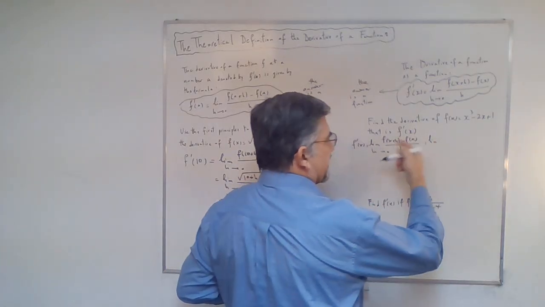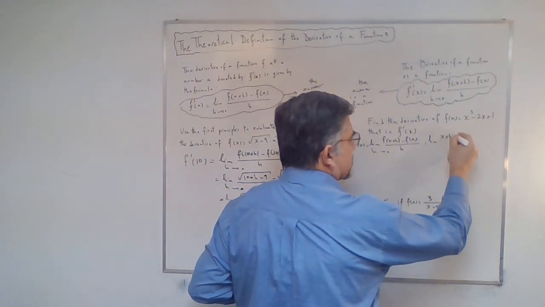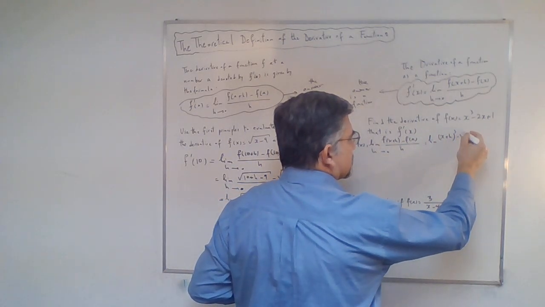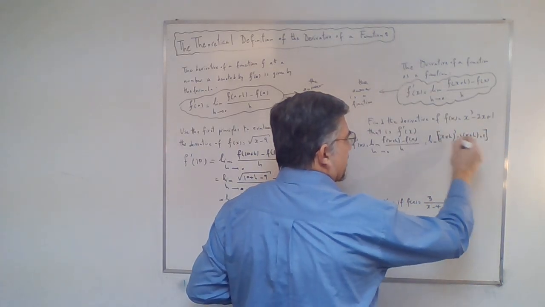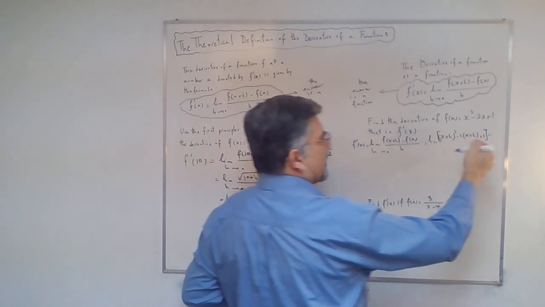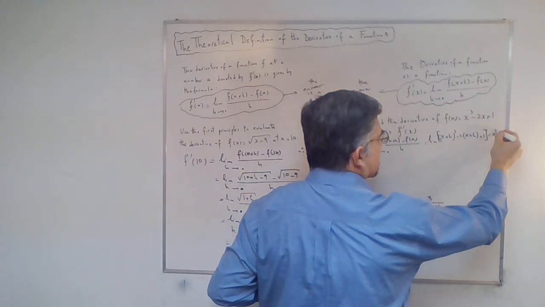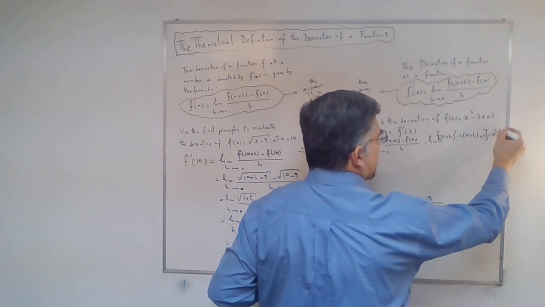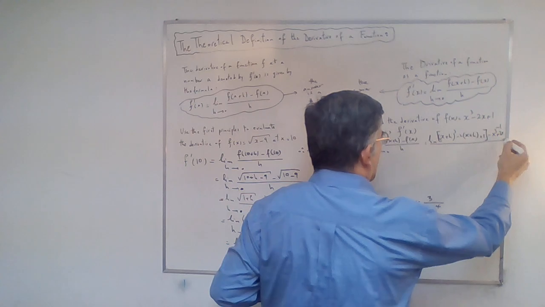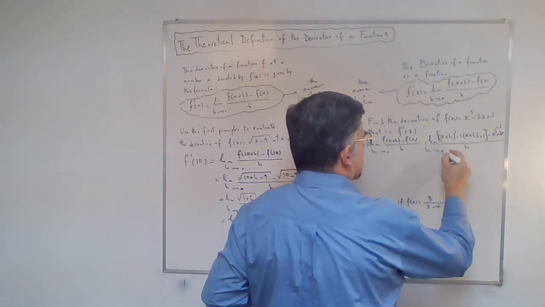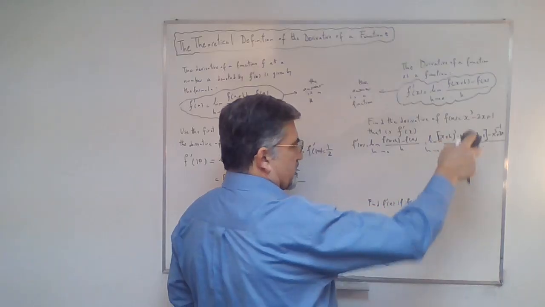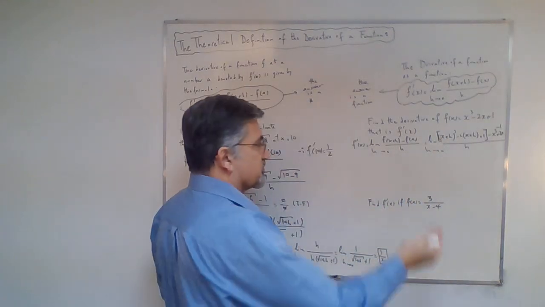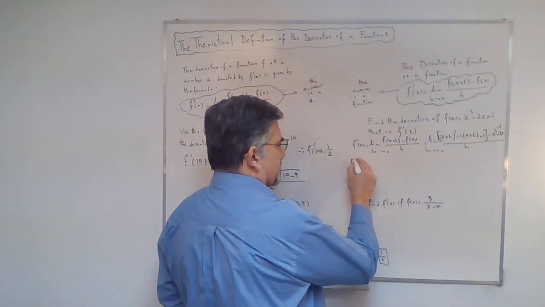So f at x plus h would be (x plus h) cubed minus 2 times (x plus h) plus 1, and then minus f of x itself, which is x cubed minus 2x plus 1, all over h when h approaches 0. Okay, so that is the limit we need to calculate.